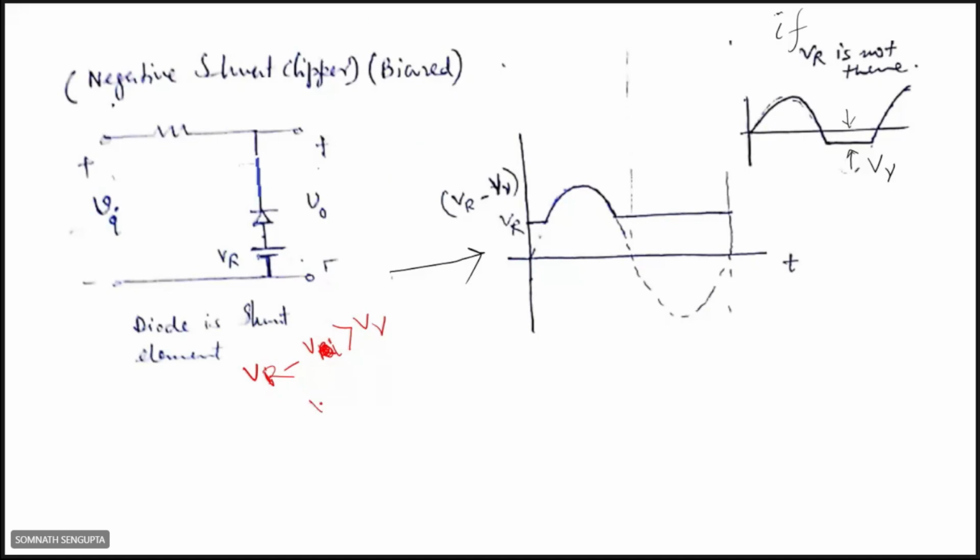So that means VI, if you write it in terms of this, VI is VR minus V gamma, isn't it? So the diode is on.